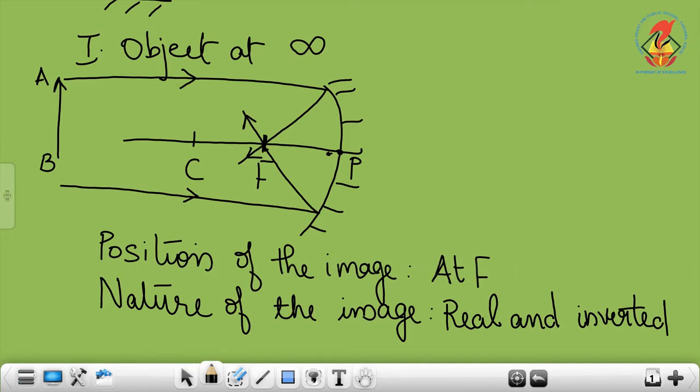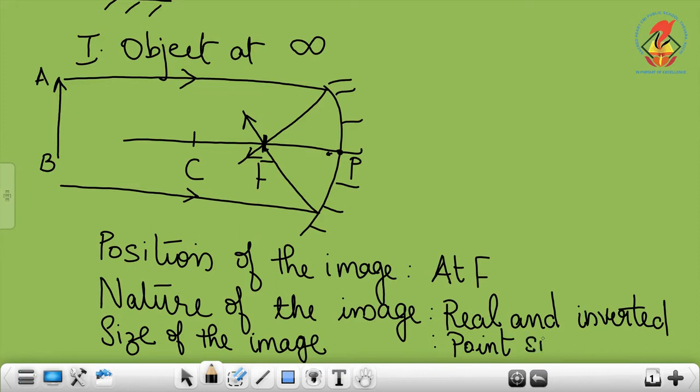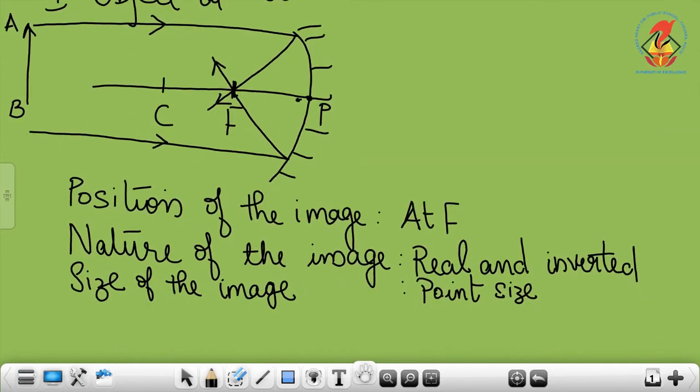That is the nature of the image. Next one, size of the image. That is point size or diminished.